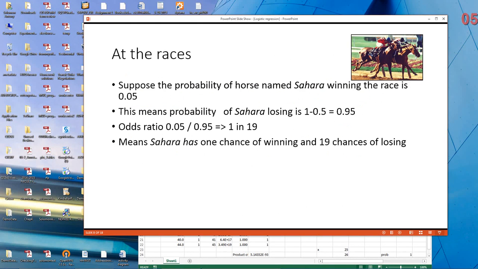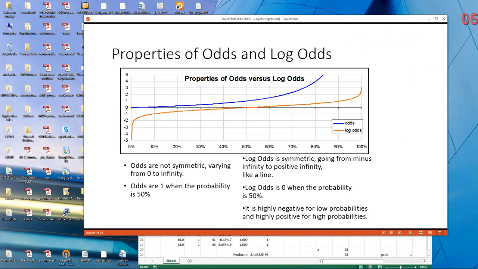Now the odds ratio can be a fraction and can be any positive number. So the blue line here is the odds ratio, but if you take the log of the odds ratio, then it'll go from negative infinity to positive infinity, just like any curve.